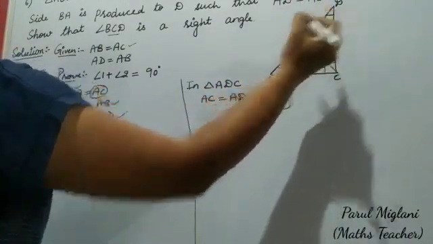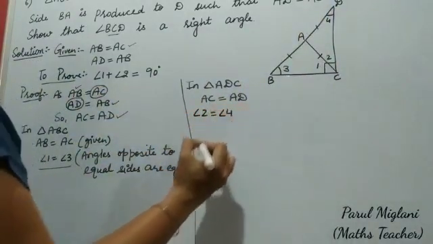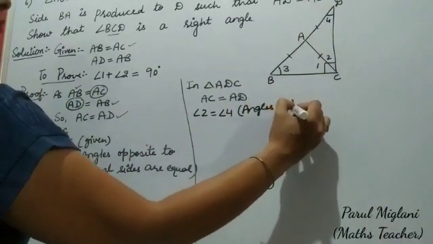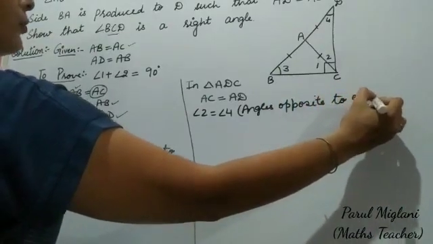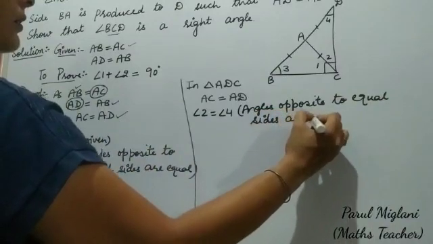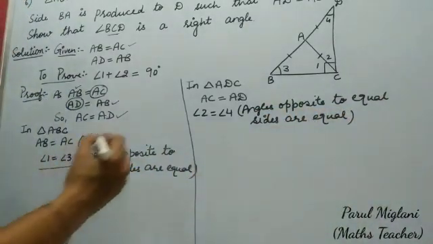Suppose this angle be 4, so angle 2 is equal to angle 4, because angles opposite to equal sides are equal. So angle 2 is equal to angle 4.